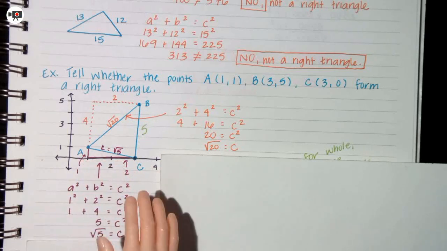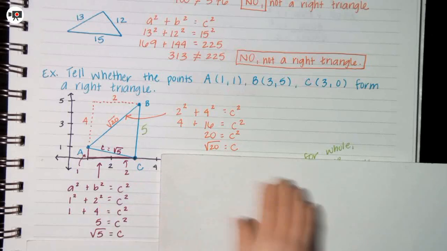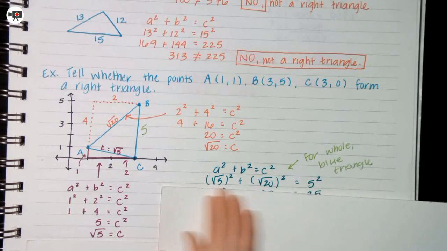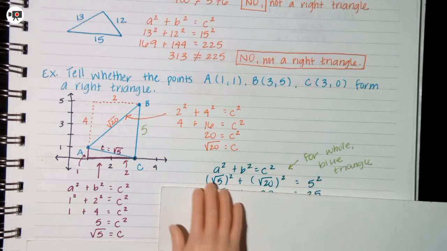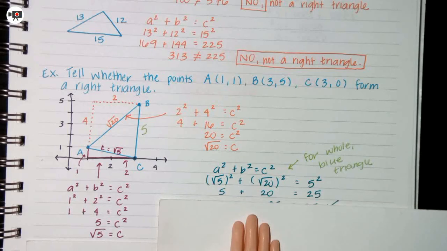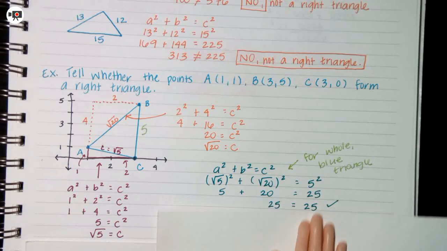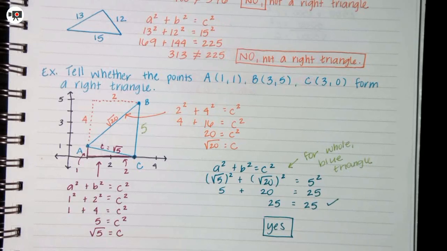Now I'm going to take those and plug it in to the Pythagorean Theorem to verify if this is a right triangle or not. So that would be square root of 5 squared plus square root of 20 squared equals 5 squared. Squares and square roots cancel each other out. They are inverse operations, and so that just leaves 5 plus 20 equals 25, and 25 equals 25. So yes, this is a right triangle.